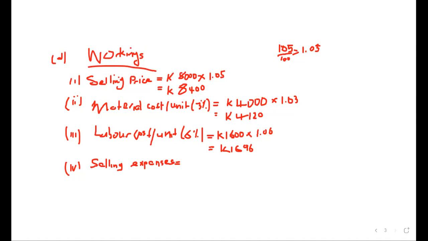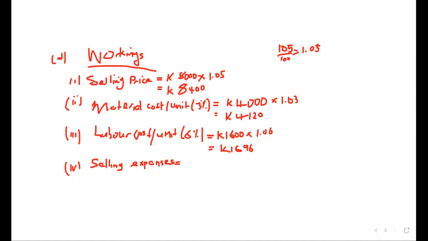So now we need to know the total for the year. If the month is 10, then we just multiply by 12. So our total selling expenses will be 120.